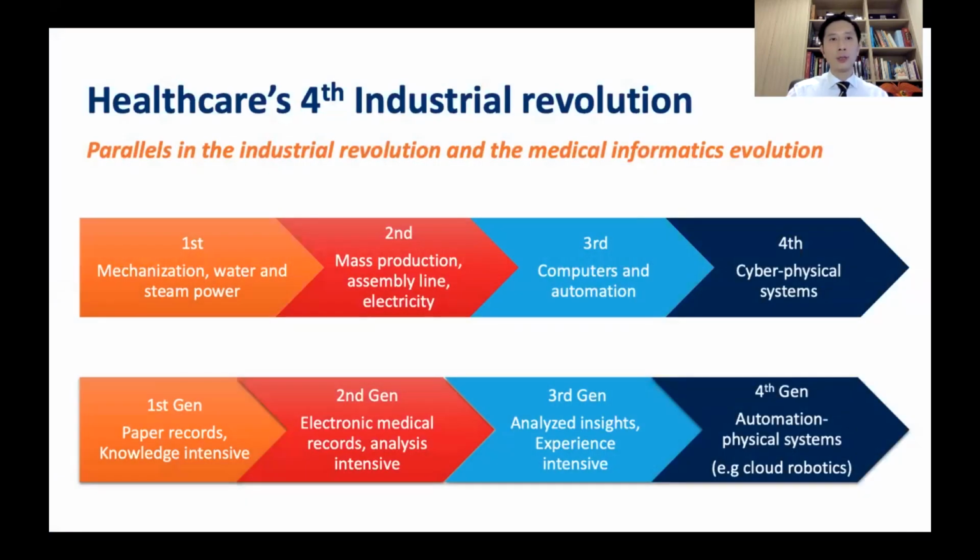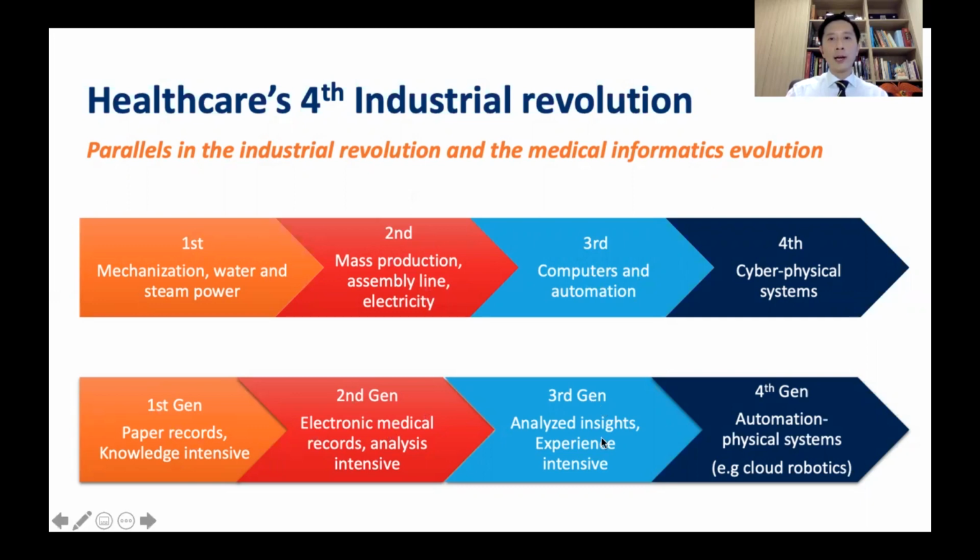This is akin to the fourth industrial revolution in the enterprises, from mechanization to mass production to computers to cyber physical systems. In healthcare, it's similar, where we started with paper records, and now we are using electronic medical records to transact most of our healthcare actions.